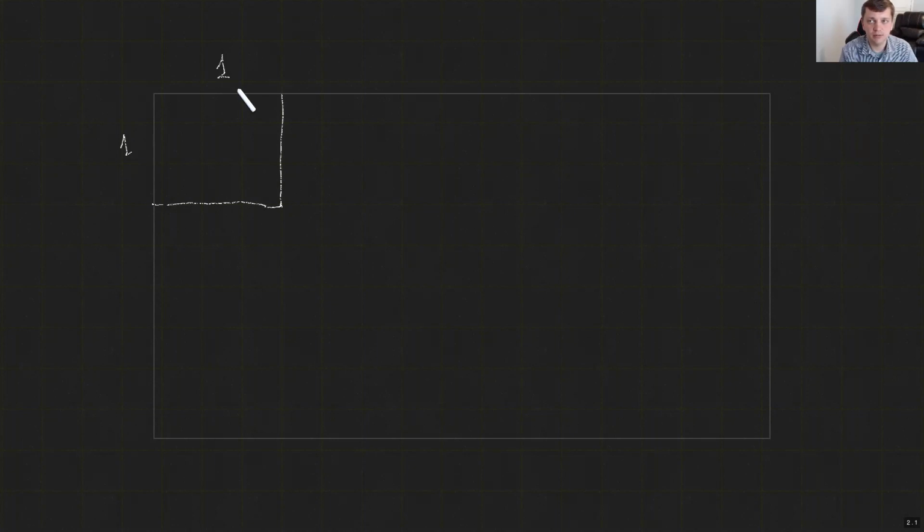And we'll take a circle. Well, that's my attempt on a circle. And we'll start throwing darts into the square, which are uniformly distributed in the square.